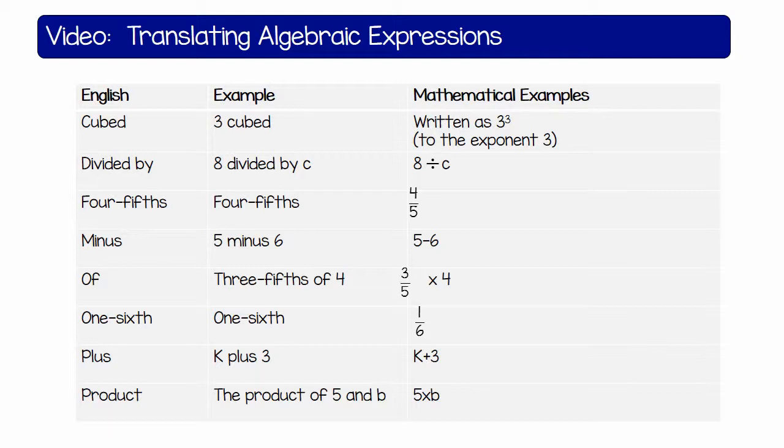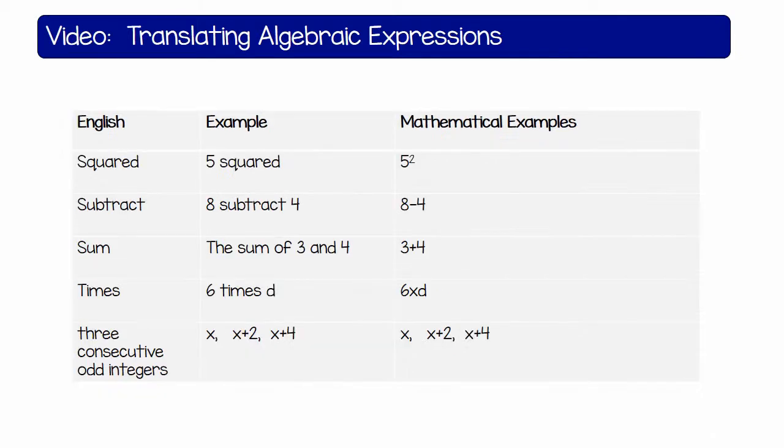Now we all know, hopefully, that plus means to add. K plus 3 would be written as K with the operator plus sign 3. Product means to multiply. The product of 5 and B would be 5 times B. Squared. 5 squared, for example, means 5 to the exponent 2.